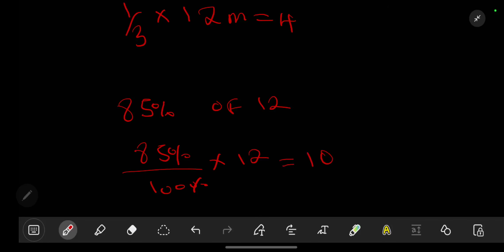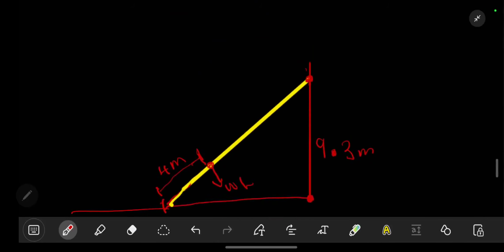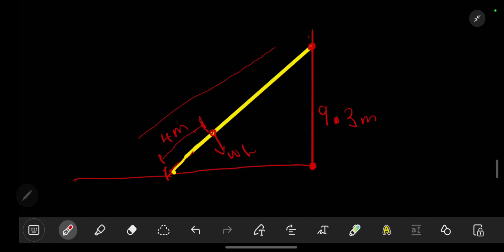So this man can only climb as far as 10.2 meters. Above this point, the ladder is at the verge of collapsing.